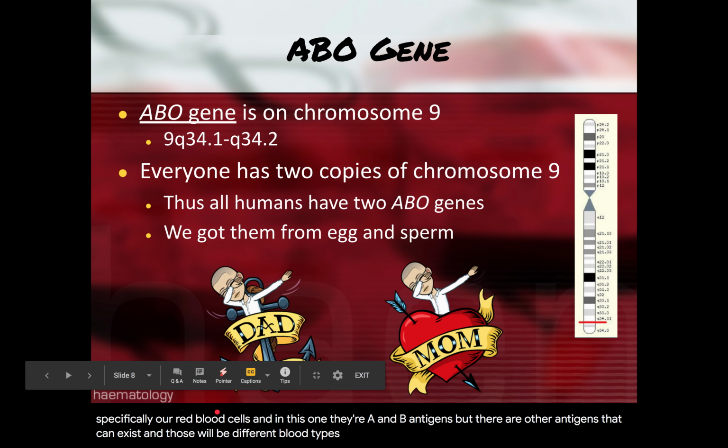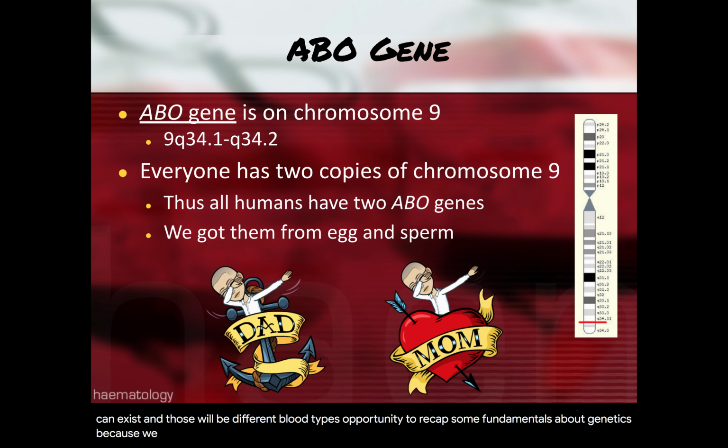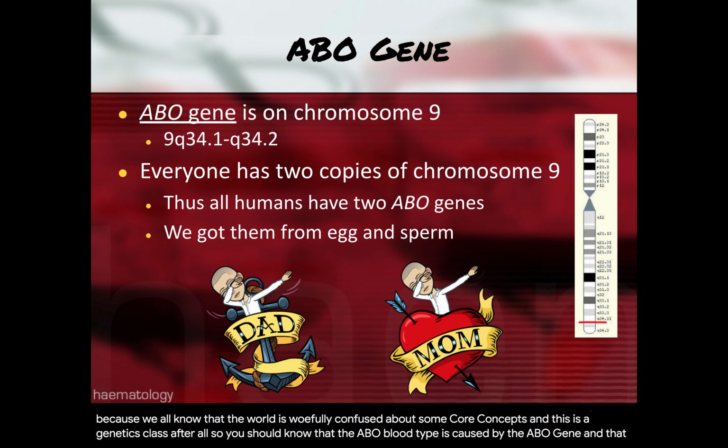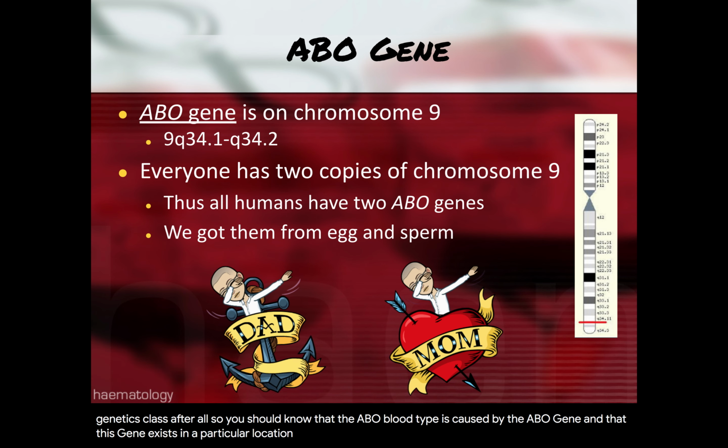Let's take this opportunity to recap some fundamentals about genetics, because we all know that the world is woefully confused about some core concepts. And this is a genetics class after all. So you should know that the ABO blood type is caused by the ABO gene, and that this gene exists in a particular location in the genome.